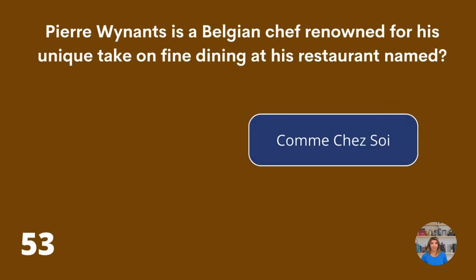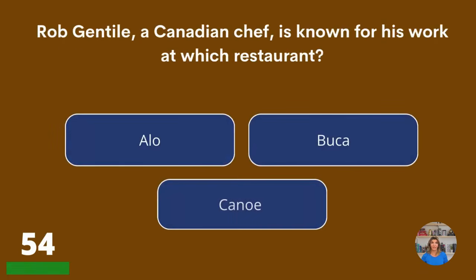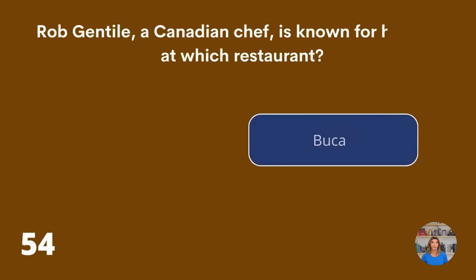Comme ce soit. Rob Gentile, a Canadian chef, is known for his work at which restaurant? Allo, Buka, or Canoe? Buka.